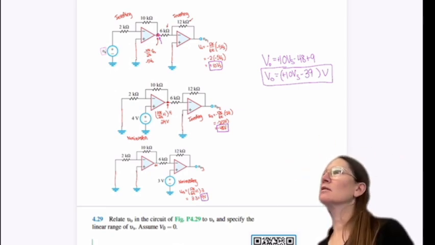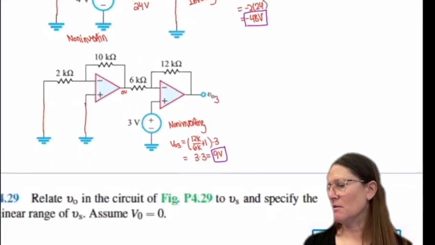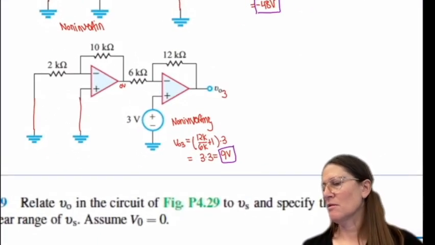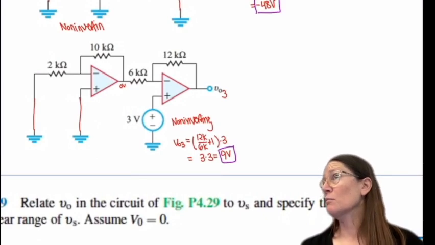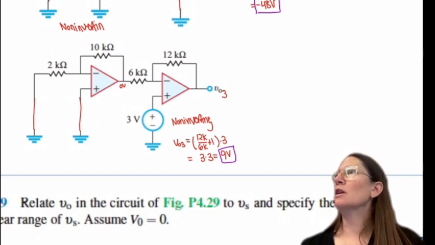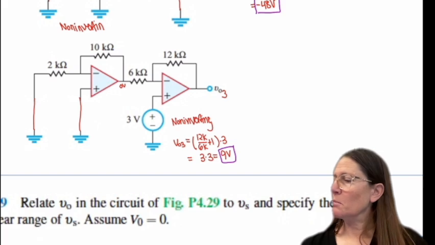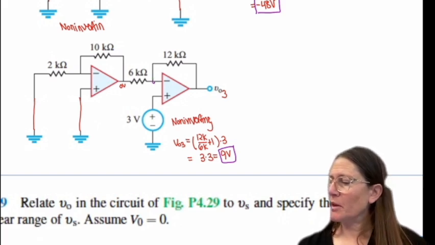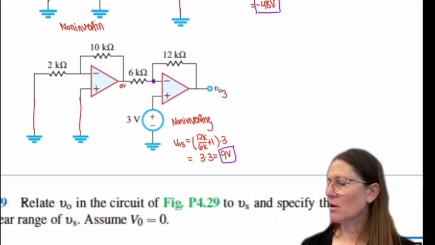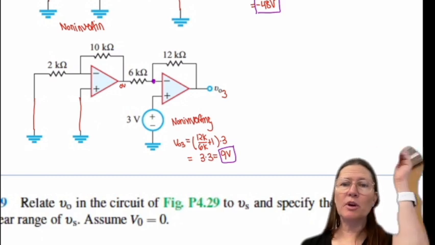Yes. On that bottom one right there, do you have a voltage going into the 6 ohm resistor? The 6 kilo ohm? So 0 volts is really like ground there, so you don't have any voltage there. And what type of amp would that second op amp be? It's a non-inverting because the input comes into the plus.